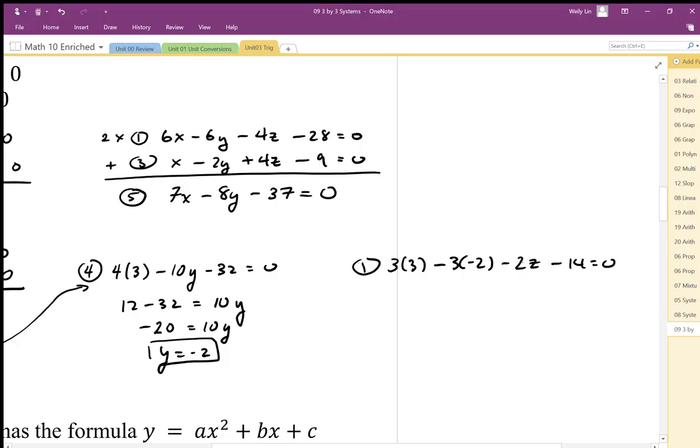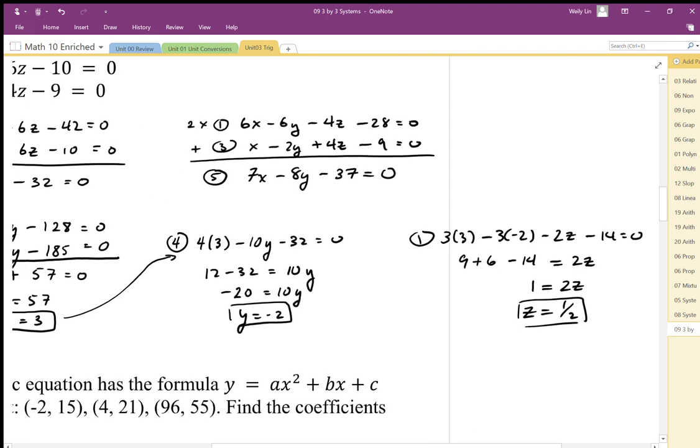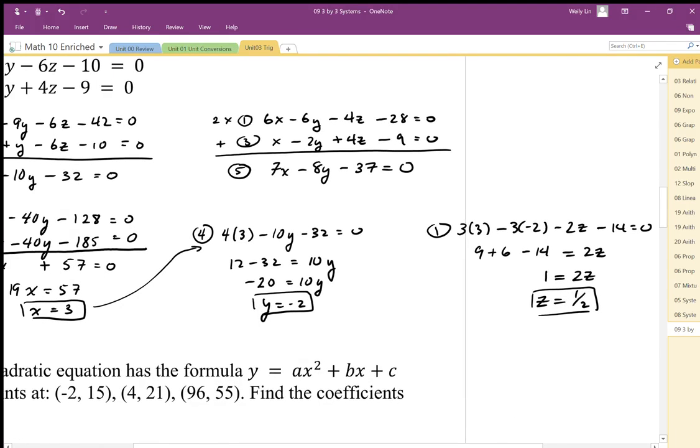There's only one variable left to solve for, so 9 plus 6 minus 14 equals 2z. That's going to be 15 minus 14, which is 1. So z works out to be positive 1/2. There we go. We have our three solutions for that system of equations.